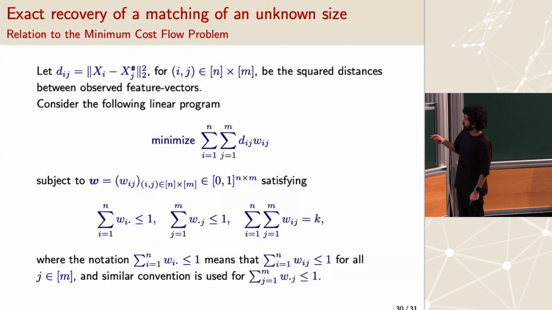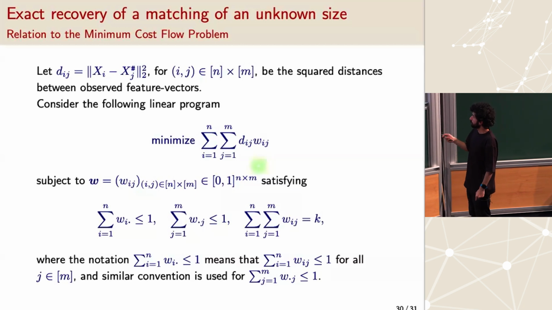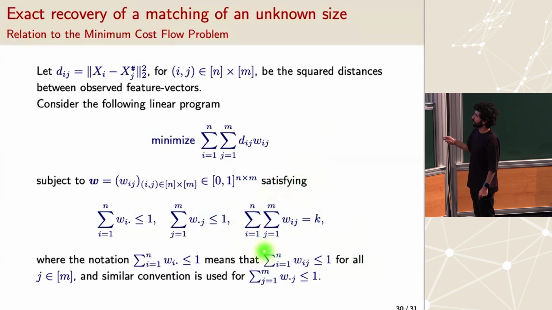The condition for having a matching of size k is that the sum of all weights should be equal to k.